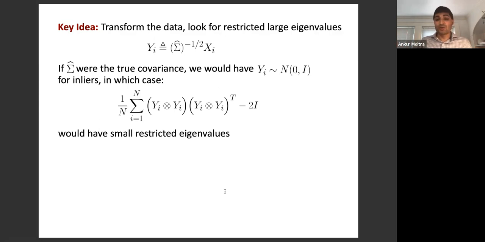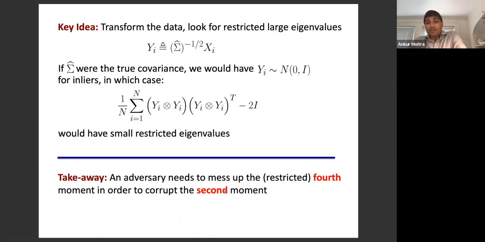I could look at the restricted eigenvalues of it. I could subtract off 2 times the identity. And what you can show is that if the restricted eigenvalues of this new matrix are small, it must mean that sigma hat is close in Mahalanobis distance to sigma. And if it's not, it gives you a direction, albeit a space of degree 2 polynomials, where you could find many outliers and throw them out.